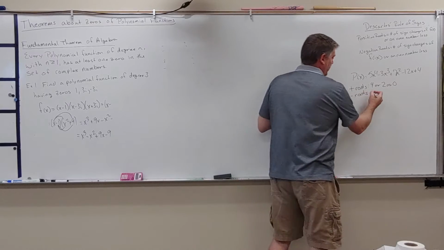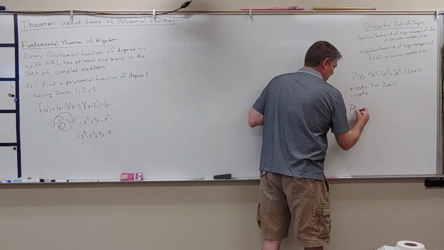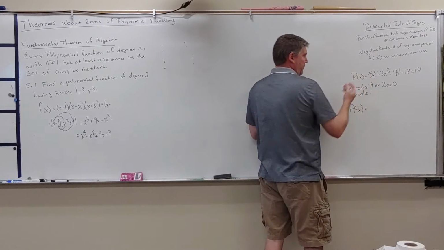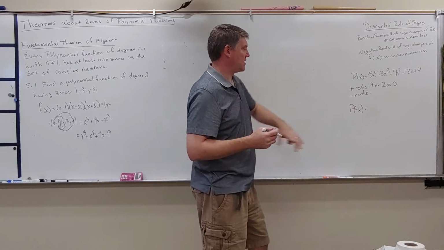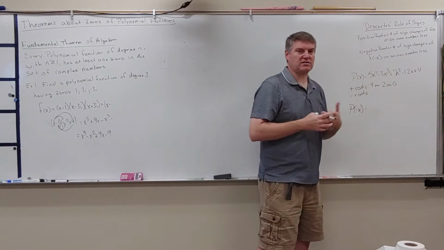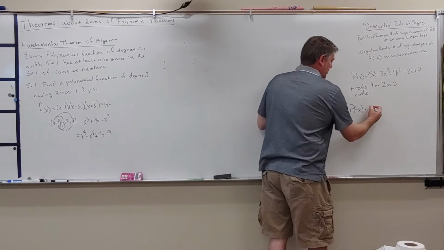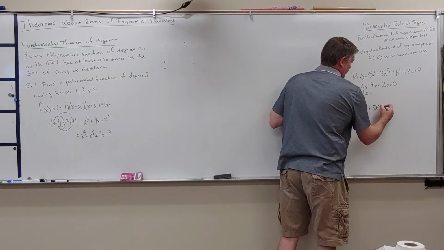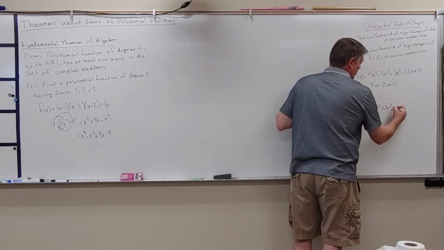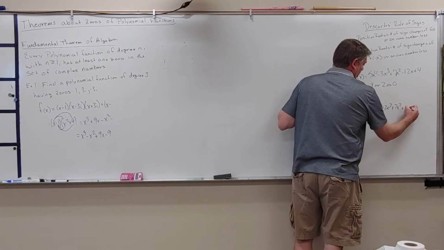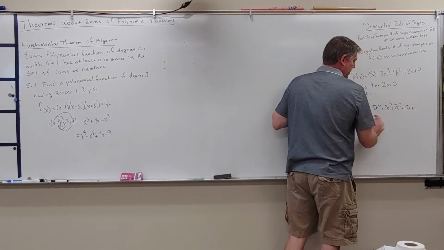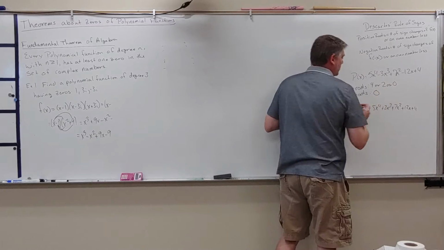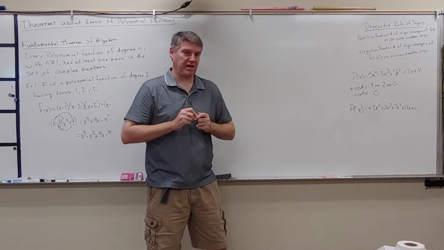Now I look at my negative roots. So what I'm going to do is I'm going to plug in a negative x. Well, what happens on a negative x is it just changes the sign of the odd powers. So this becomes plus 5x to the 4th plus 3x cubed plus 7x squared plus 12x plus 4. Are there any sign changes? No. So there's 0 possible negative roots.